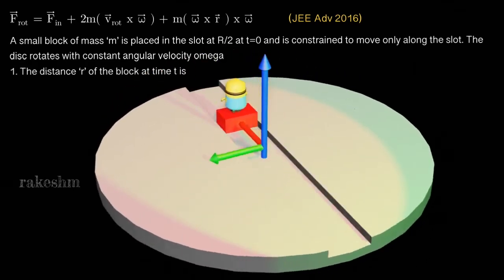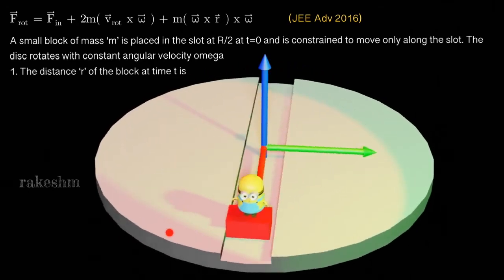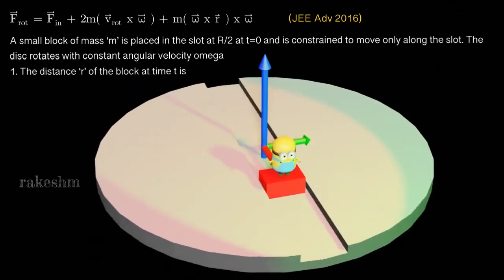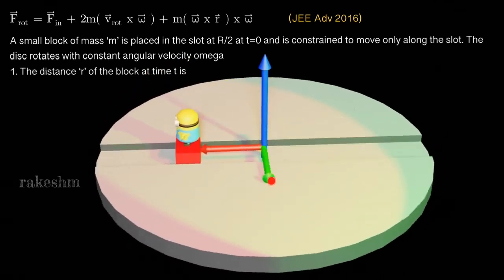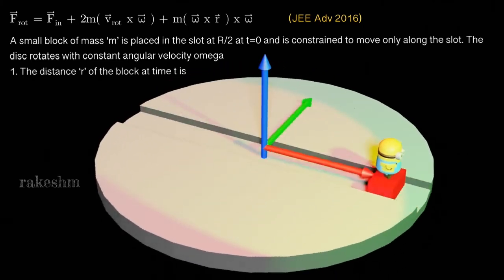So you can observe here that as this disk is rotating, the block is moving away from the center. Right? So we need to find the distance of this block from the center as a function of time.